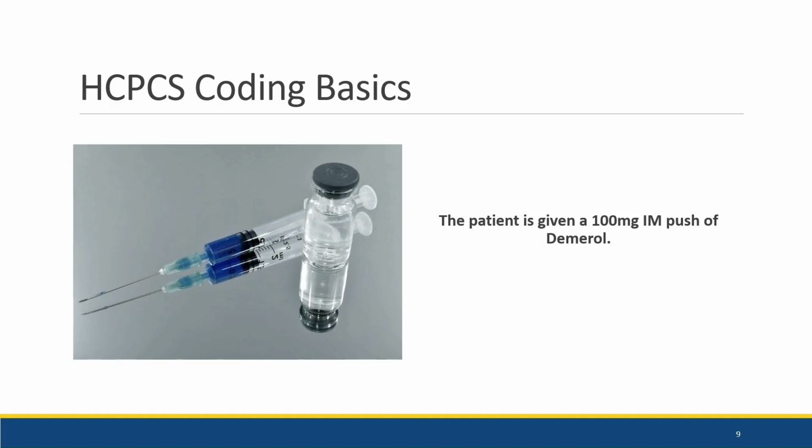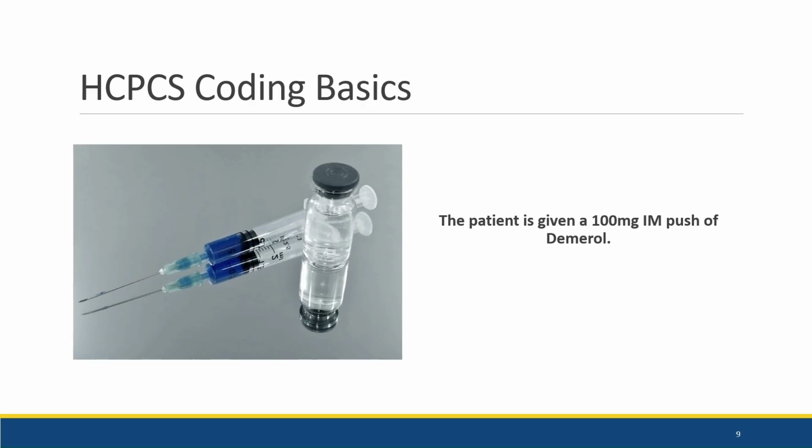On the first page, you can see that the description provides an abbreviation chart. What does the abbreviation in our example here on the slide, IM, mean? Right, it means intramuscular. So the delivery method is important to know as some drugs may have different codes for different formulations that are delivered using different methods.